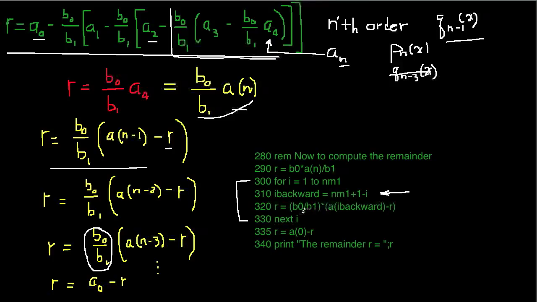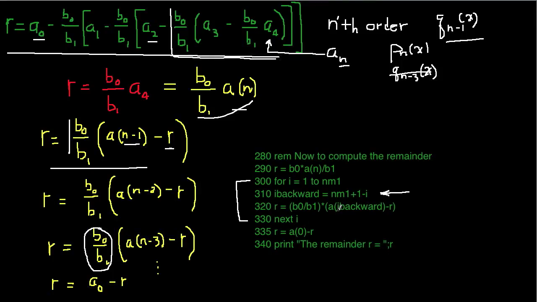So I now execute this command over and over again, which looks like this statement right in here. It's B0 divided by B1 times A of I backward minus R. And when I is equal to 1, this is just equal to n minus 1, which is exactly what we want here. So when I equals 1, it gives me my second estimate for R. Then it goes back up and implements everything again.